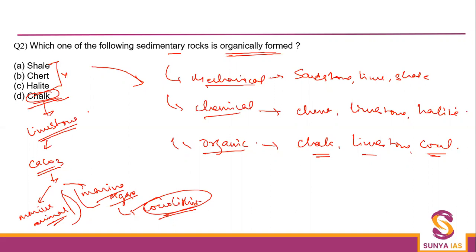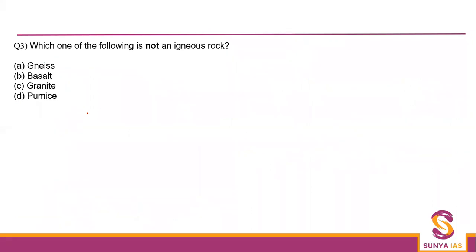All right, let's look at the next question. The next question says which one of the following is not an igneous rock? We are being asked which is not an igneous rock. The first option given is gneiss, then basalt, then granite, and then pumice.